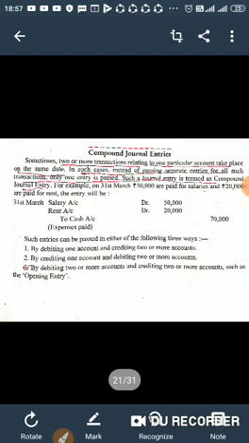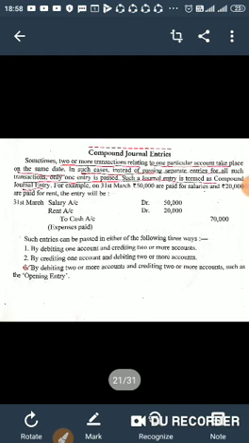For example, on 31st March, 50,000 is paid for salaries and 20,000 is paid for rent. So there are two transactions, but they occurred on the same day, right? On 31st.